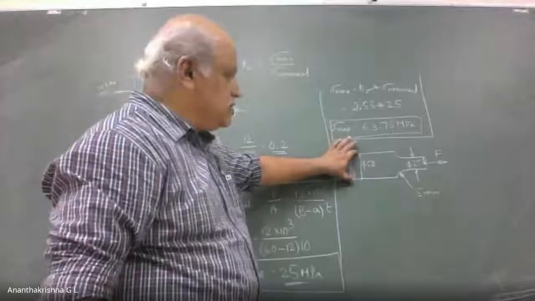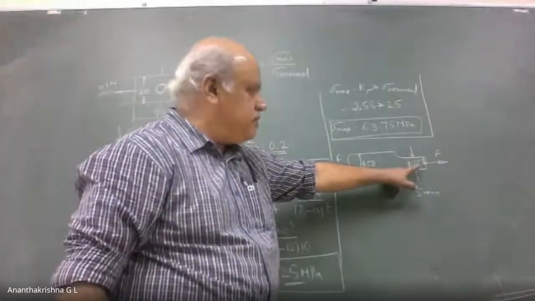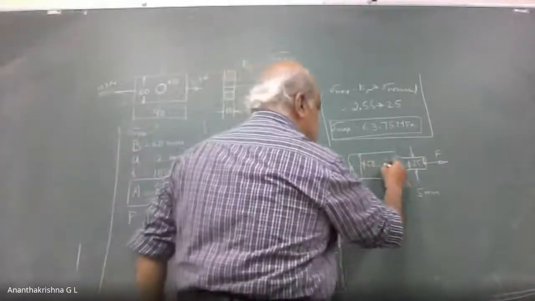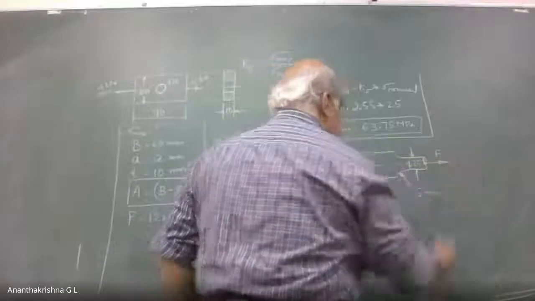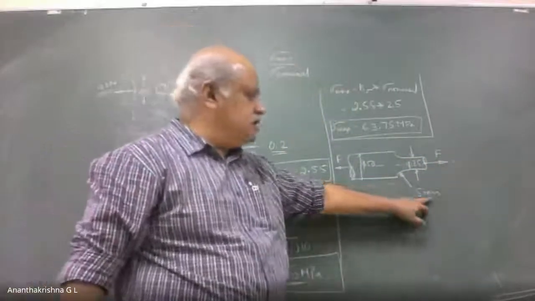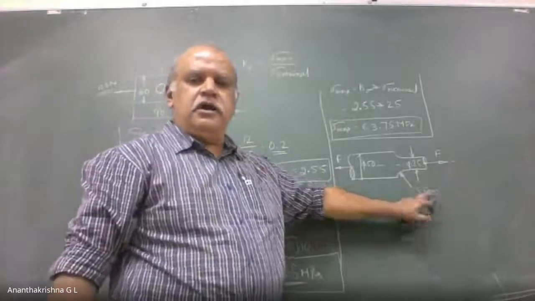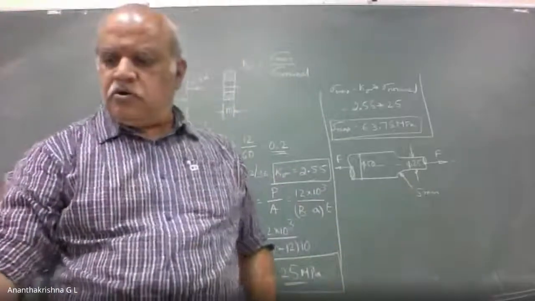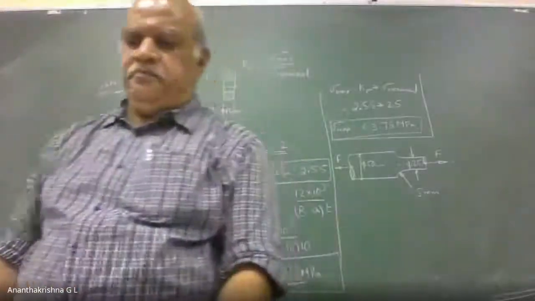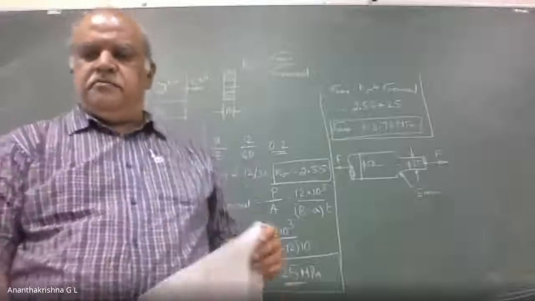So this load is 12 kilonewton. A 50 mm circular shaft, stepped down to 25 mm diameter, subjected to axial tensile load with a fillet radius of 5 mm. Okay? Now take out your data handbook. Go to what page number? I have given it in the sheet that I provided.